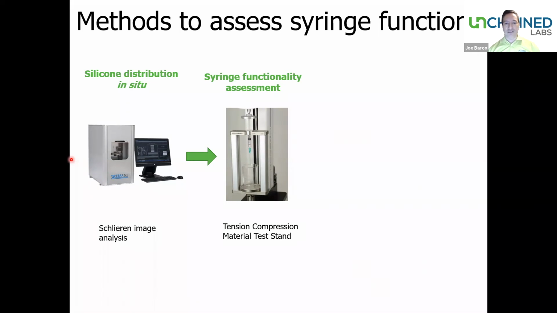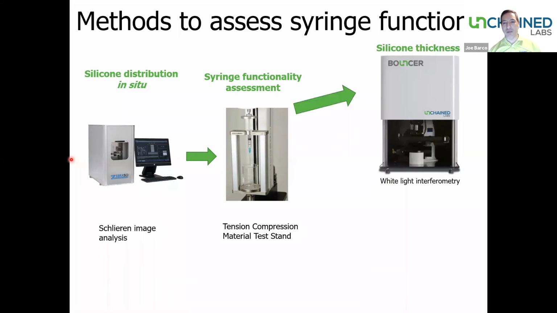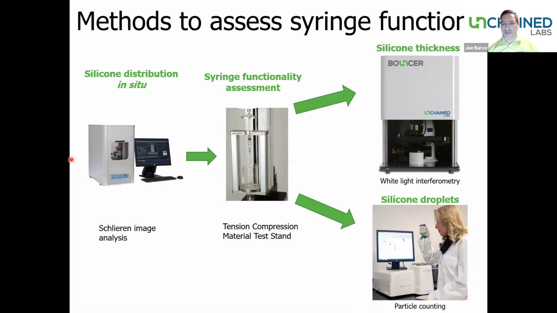And then there's two things that happen. Their now empty syringe barrel goes to bouncer to measure the silicone thickness across the barrel, and their solution goes to particle analysis, which in this case are using MFI to see what particles are in the ejected solution.